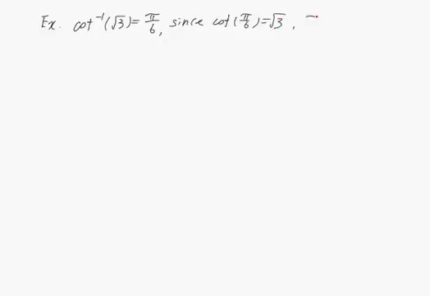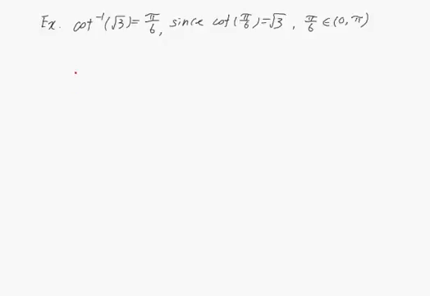And also pi over 6 belongs to the range of the inverse cotangent, that is from 0 to pi, right? So then we know the inverse cotangent of root of 3 is equal to pi over 6.